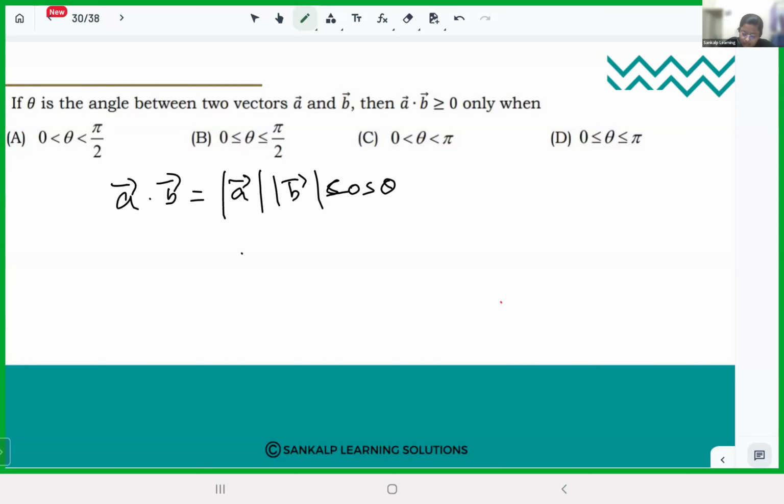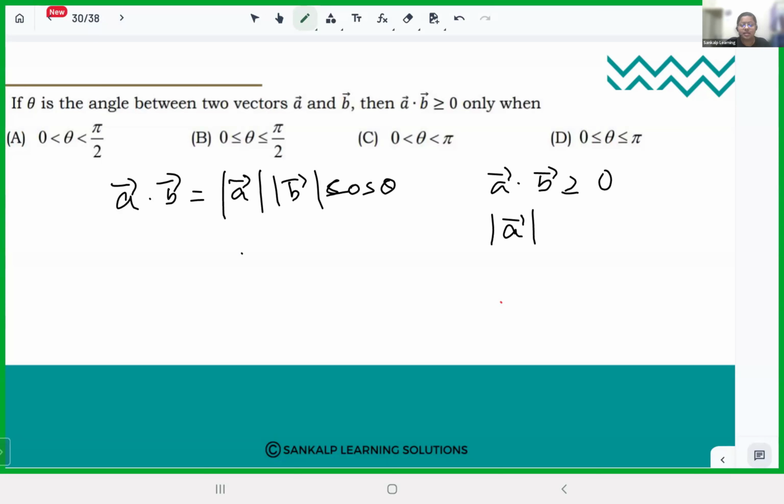Okay, so here they have given that A dot B is greater than or equal to 0. Now, my question is whether magnitude of A can be less than 0. What do you mean by magnitude of a vector? It is the length of that line, right?